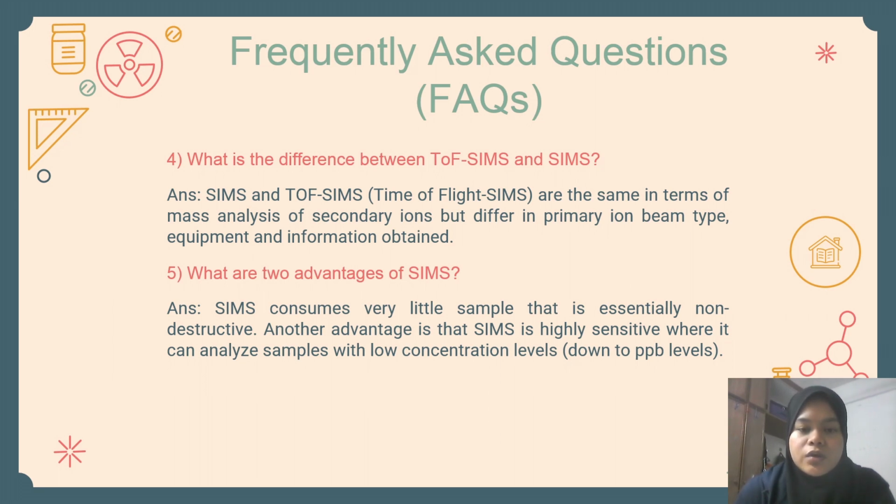The answer is, both are the same in terms of mass analysis of secondary ions, but differ in primary ion beam type, equipment, and the information obtained. And the last question is, what are two advantages of SIMS? The answer is that SIMS consumes very little sample, so it is essentially non-destructive. Another advantage is SIMS is highly sensitive, where it can analyze samples with low concentrations down to ppb levels.